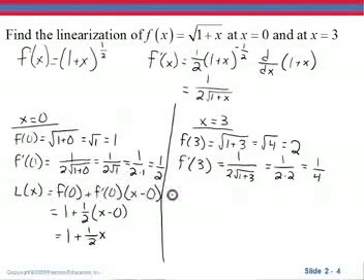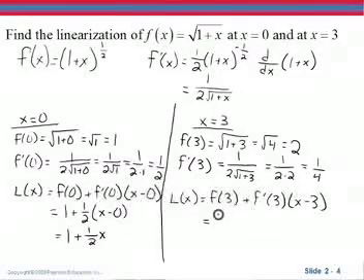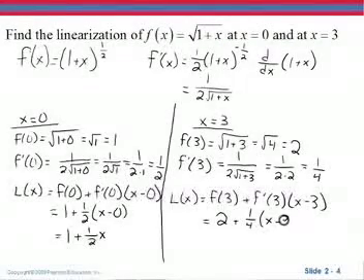Now to find the linearization, we're going to plug into the same formula again. So this will be f of 3 plus f prime of 3 times x minus 3. Now let's simplify. F of 3 we said was 2, plus f prime of 3 was 1/4, times x minus 3.